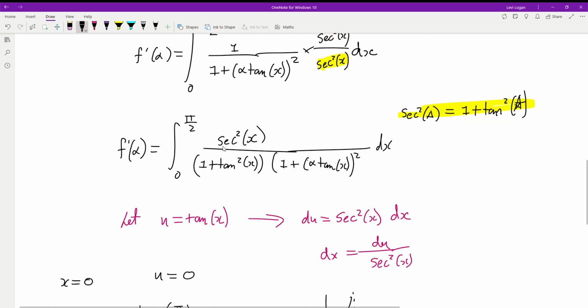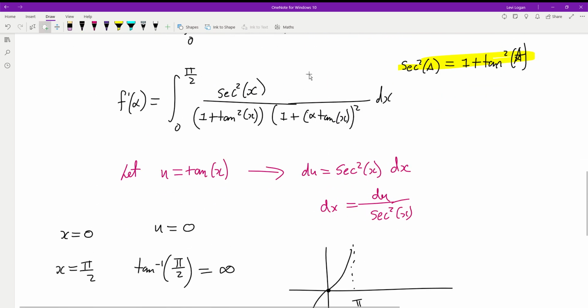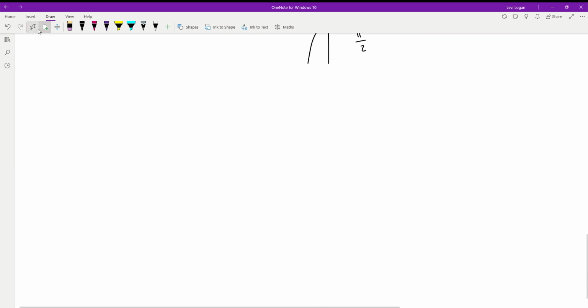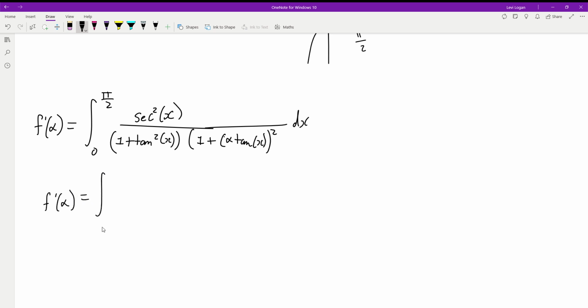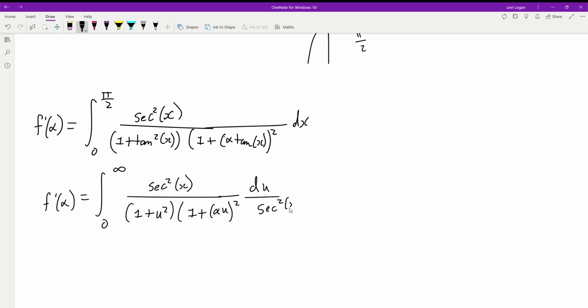So in other words, we're going to rewrite this integral. I'm going to just copy this real quick and write it down below. Paste. So this integral pretty much turns into this. So f dash of alpha turns into the integral from 0 to infinity of, I'll leave this for a sec because I'll show you where that cancels out, over 1 plus u squared on 1 plus alpha u all squared du on sec squared x.